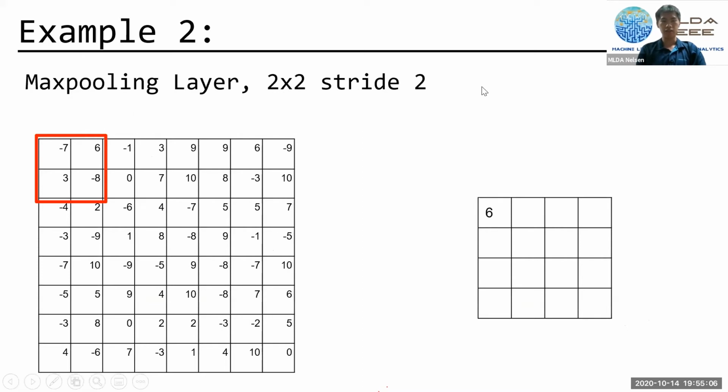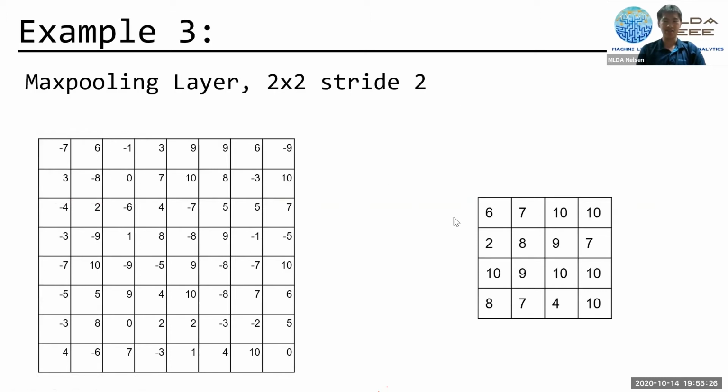Then we do that for every matrix. Then we have a stride of 2, so we don't do the rectangle here, we skip directly to here. Negative 1, 3, 0, 7, we get 7. So we put 7, and so on and so forth. Does that clear it up for you?